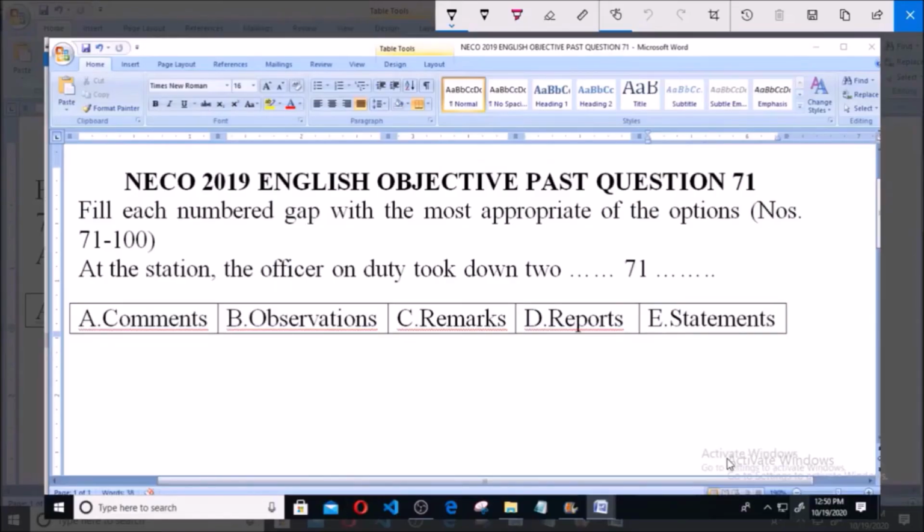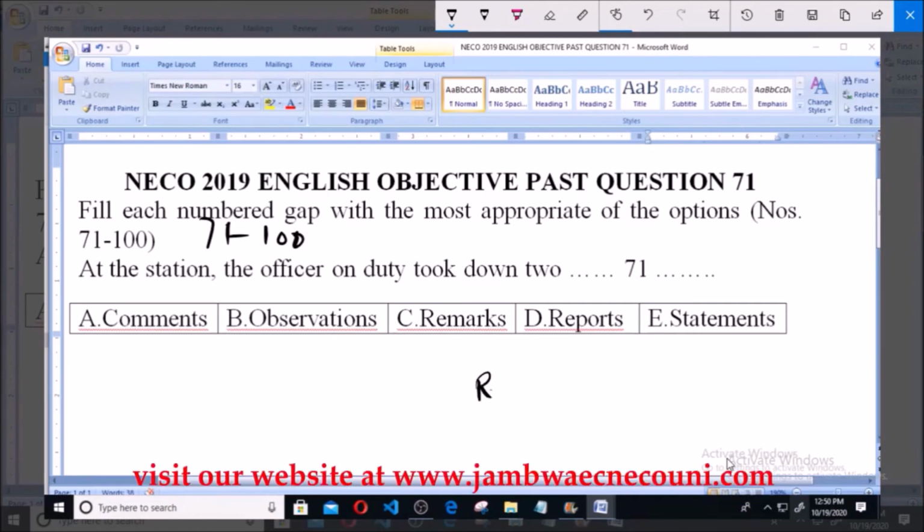Good afternoon, welcome. This is NECO year 2018 English Objective Past question number 71. The instruction here says fill each numbered gap with the most appropriate of the options. So now this instruction is to answer questions from 71 to 100, and this question is from what we call register in English.